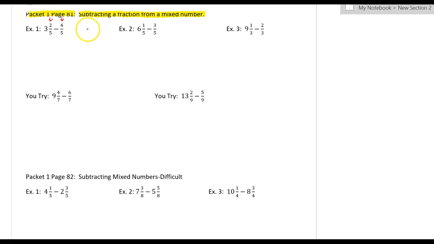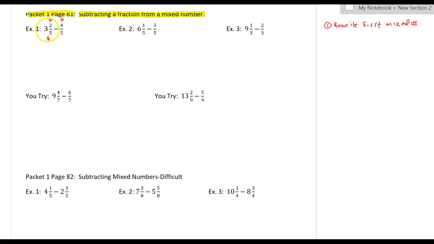So what we have to do is rewrite this mixed number so that the numerator here is bigger than the numerator here. The first step, step 1, is to rewrite the first mixed number, and we're going to do it like we did in the lesson before.